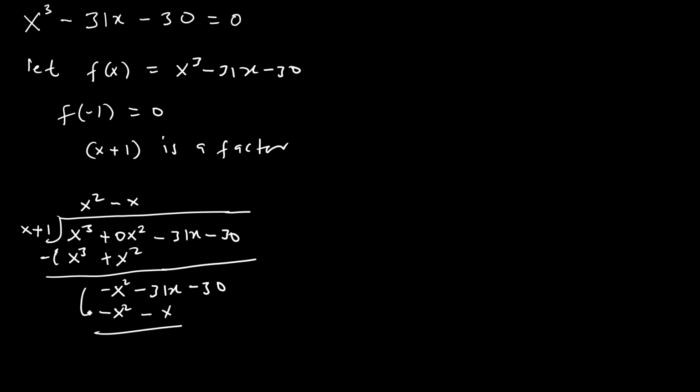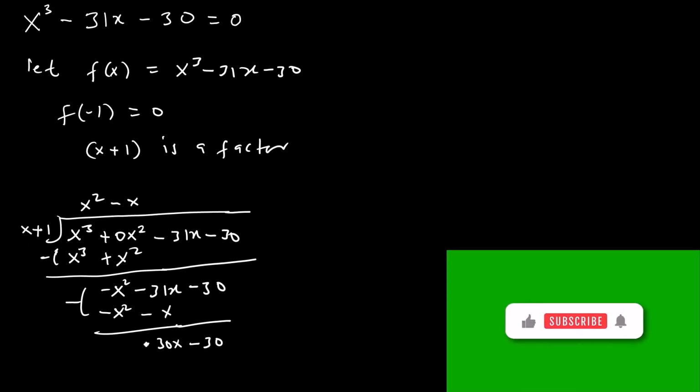So let's subtract again. Minus x squared minus minus x squared will be 0. Minus 31 minus minus 1 becomes plus, so we have minus 30x. Let's bring down the minus 30 here. So let's divide again. x into minus 30x is minus 30.